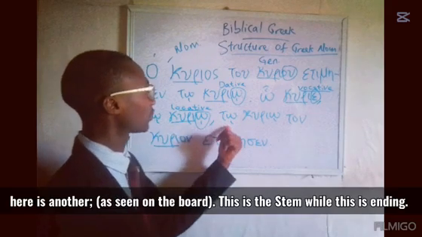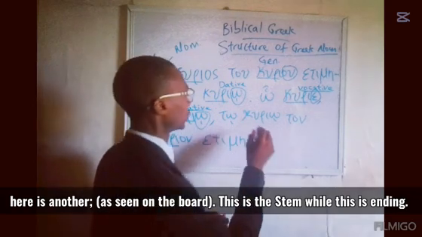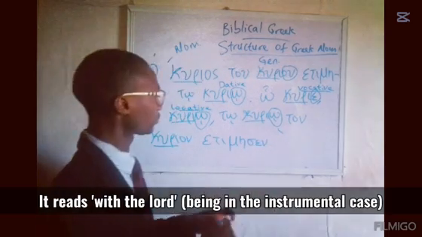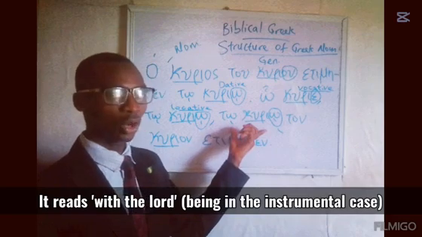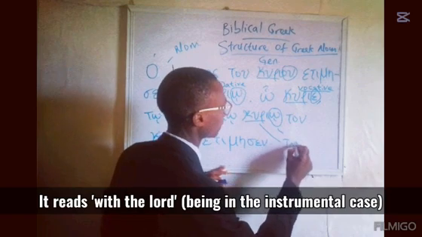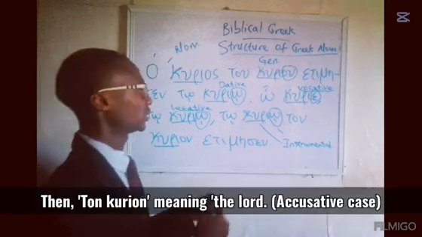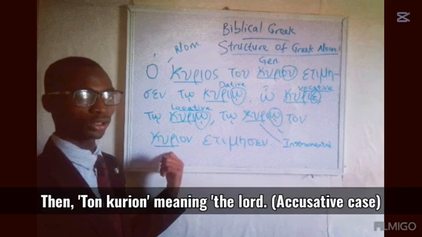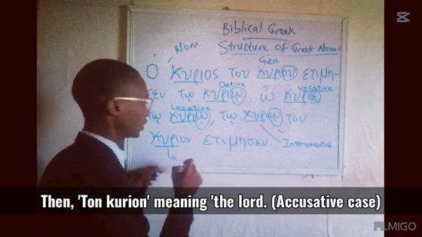Then we still have another one, which is kuriō. Now in kuriō, this is the stem, while this is the ending. Now this one reads instrumental case, that is with the Lord. So that's the case for the instrumental. Then ton kurion, which means the Lord.